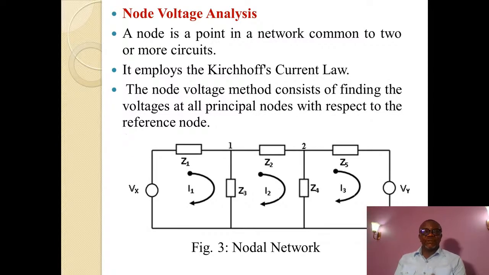So, node voltage analysis. Let's look at it, then we look at some solved examples, so that we appreciate what we are doing. So, a node is a point in a network common to two or more circuits.